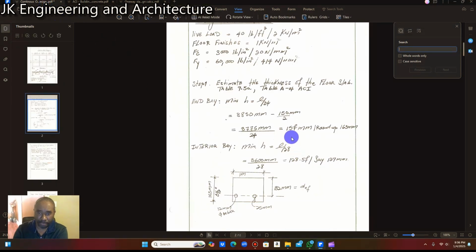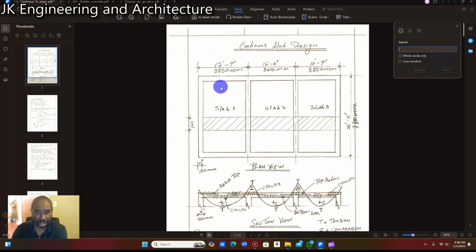Right, so if you notice, for the end bay it is going to be 3,850 millimeter minus 150 millimeter divided by 2. So this is 3,800 millimeter, and the slab is going to come halfway through the thickness of the wall here, and halfway through the thickness of the wall here.